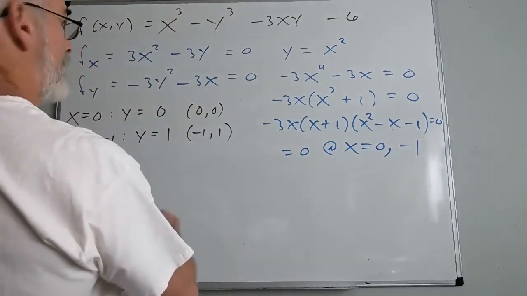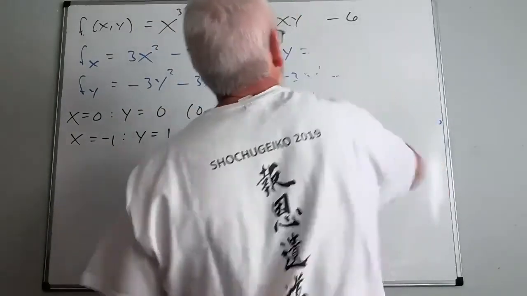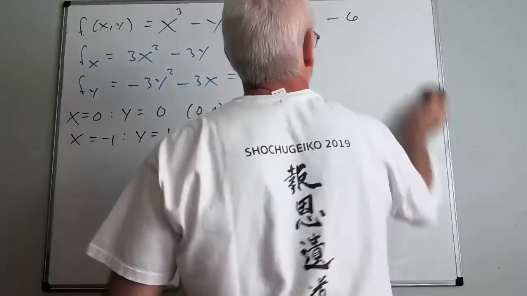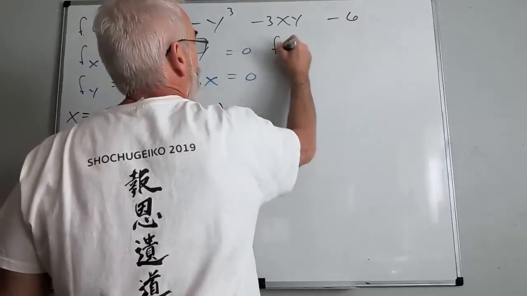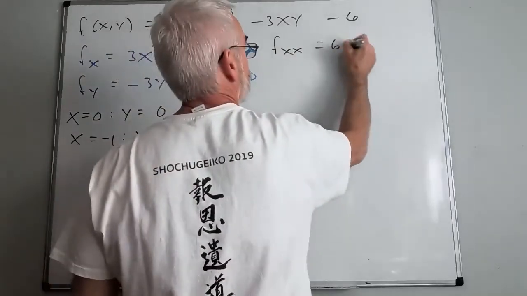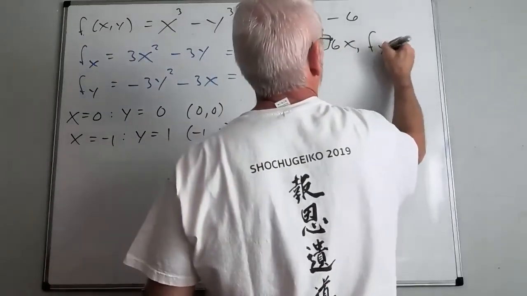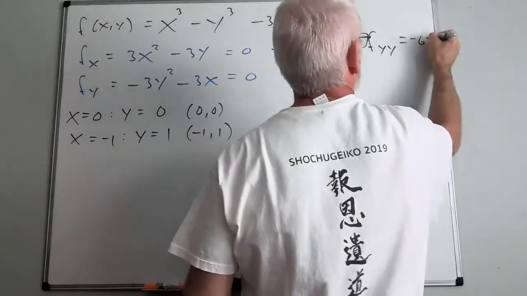All right, now that I've got that, let me erase this. I need the space. So now we need to do our second order partials. So fxx looks like 6x. Fyy looks like negative 6y.